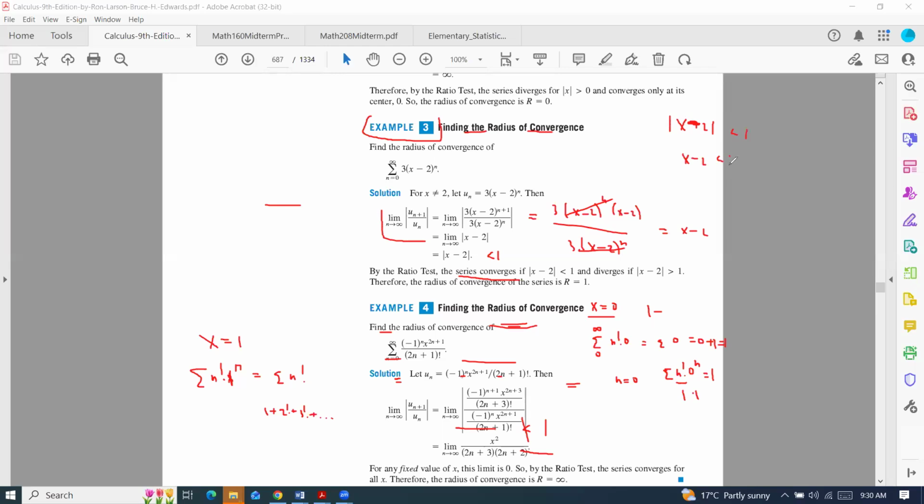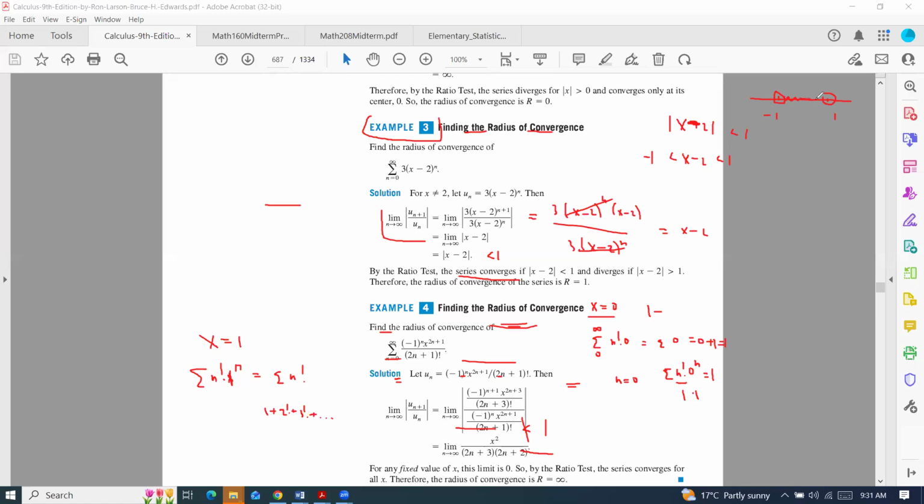So we have it in between plus and minus 1. If the assumption is an absolute value less than 1, then it must be in between, but not including, plus and minus 1.